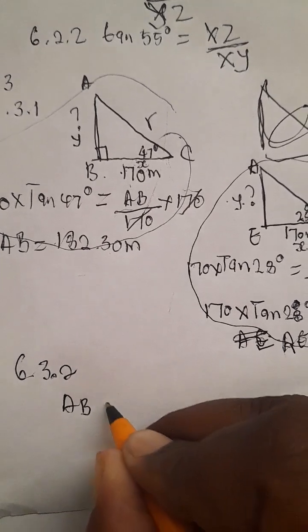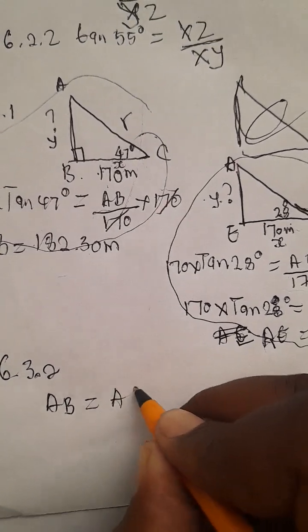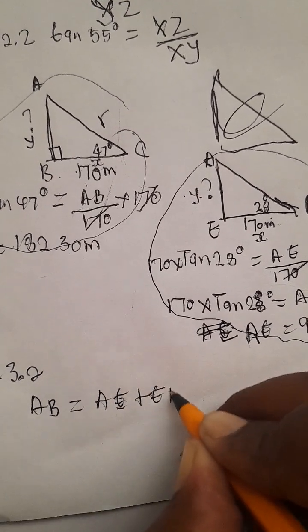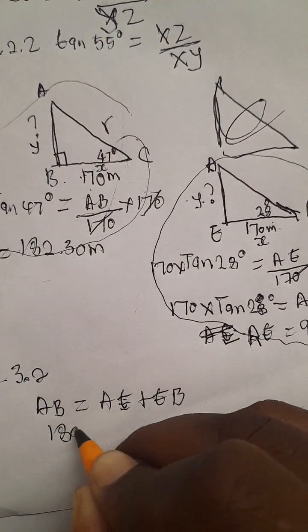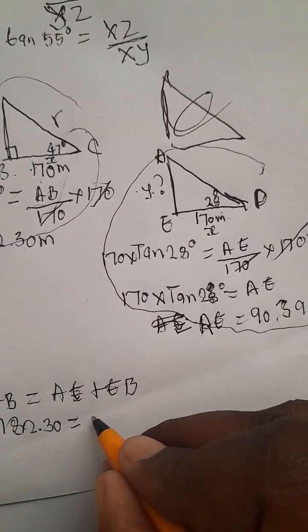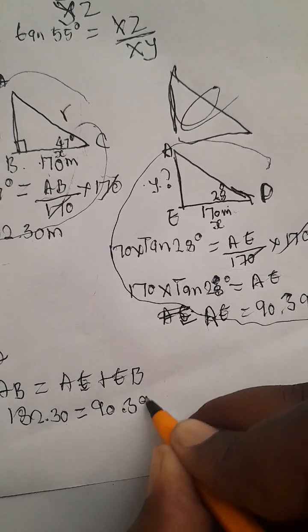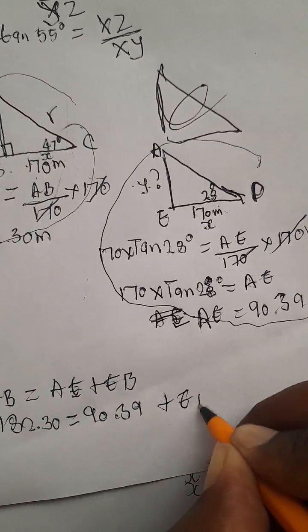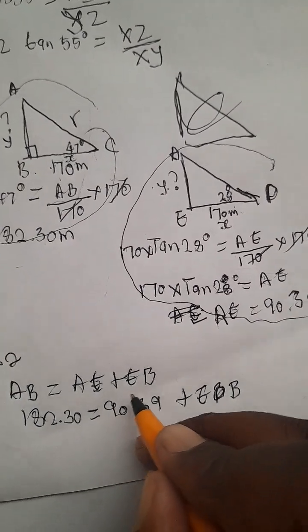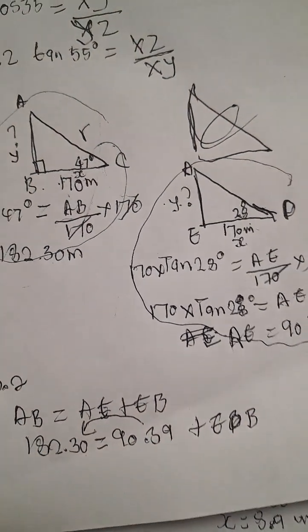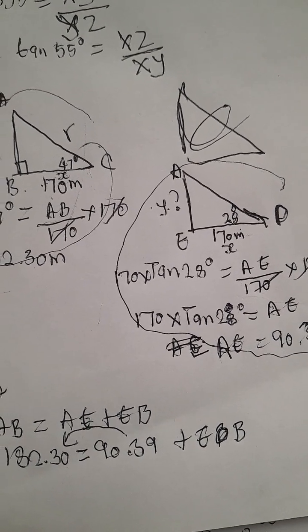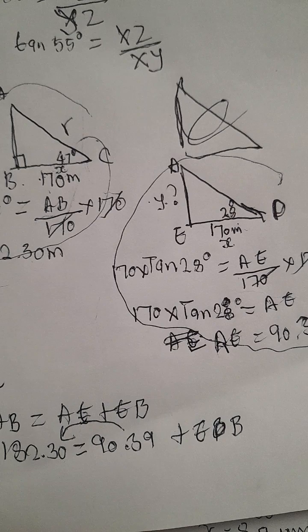Remember, I told you that AB forms AE plus EB. Your AB is 182,30. Your AE is 90,39 plus EB. So we're going to take this 90,39 to the left hand side. So that will be 182,30 minus 90,39.